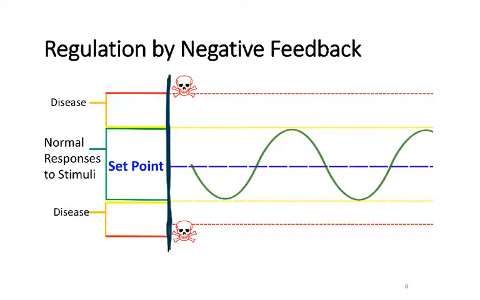And on that axis, we're going to plot a change in our variable. So we'll go with temperature. So change in internal body temperature. And then on what's referred to as the x-axis, I have time.